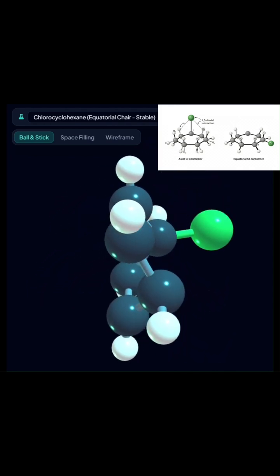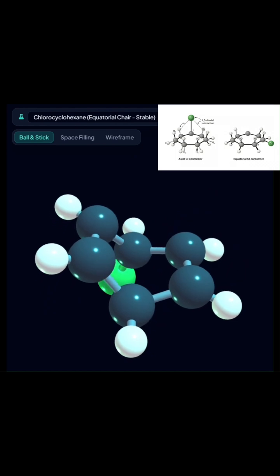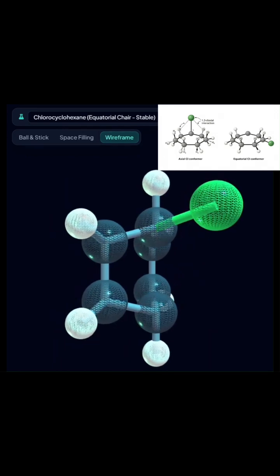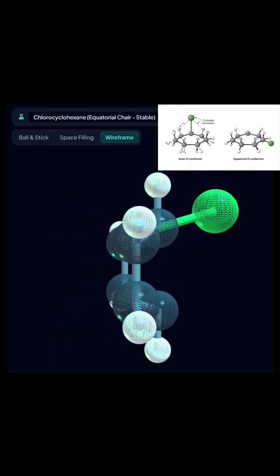What does 1,3 diaxial mean? When Cl is axial at C1, it points vertically upward. There are also axial C-H bonds at C3 and C5 that point in the same direction. So the axial chlorine at C1 is close to the axial hydrogens at C3 (1,3 diaxial interaction) and C5 (1,3 diaxial interaction). This gives two steric interactions.